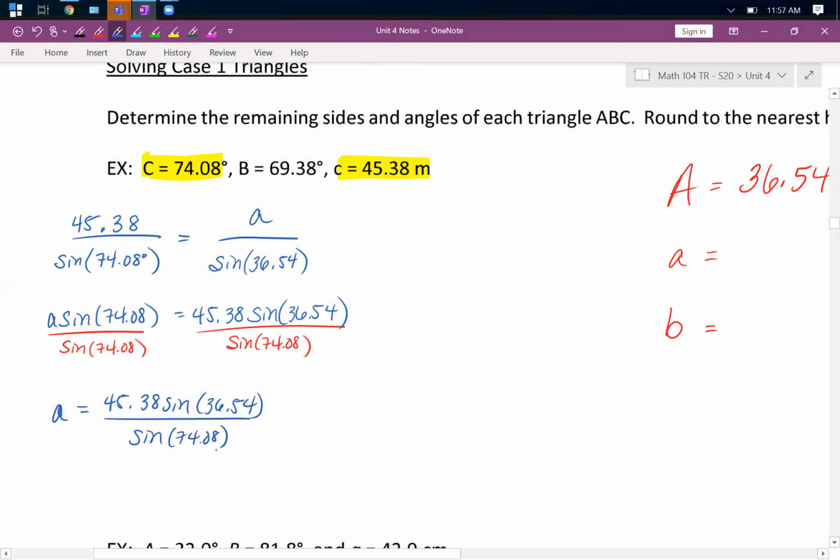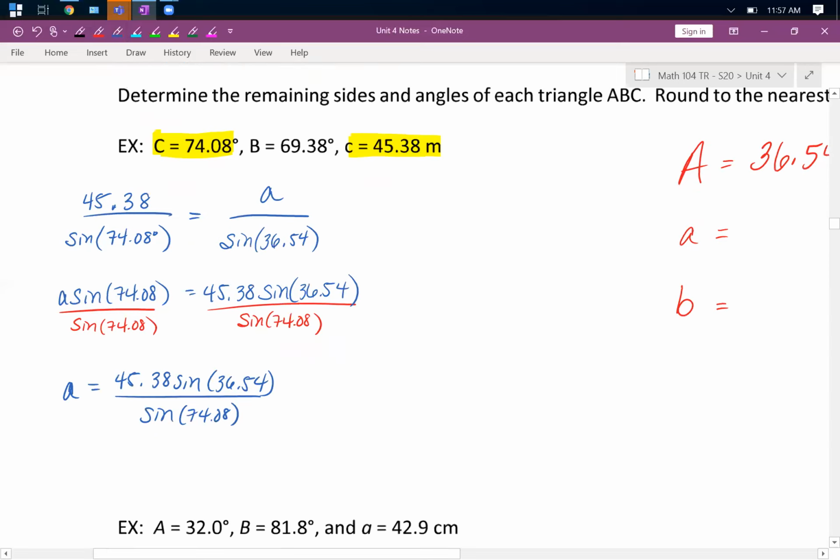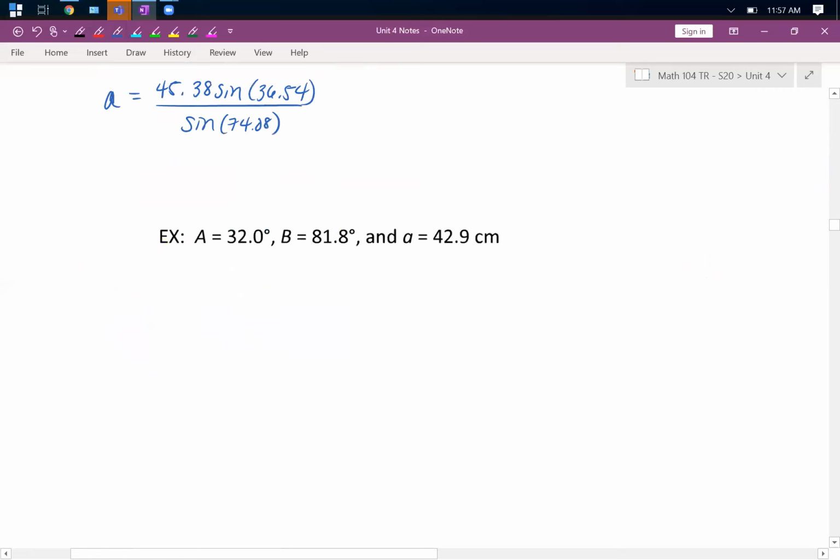You want to plug that whole thing into your calculator at once, and then we are going to round to the nearest hundredth.